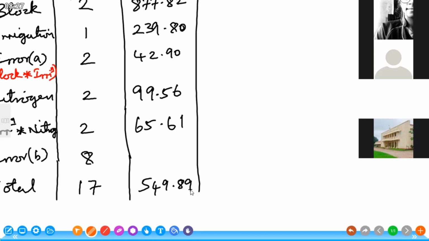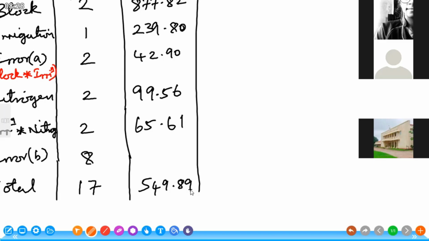Oh, what did you do? How did you get it? Because this is a computer output from a book. Maybe wrong, I don't know. I'm not sure whether these values are correct.